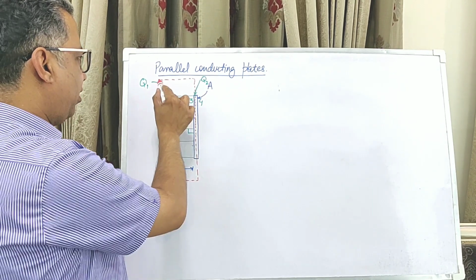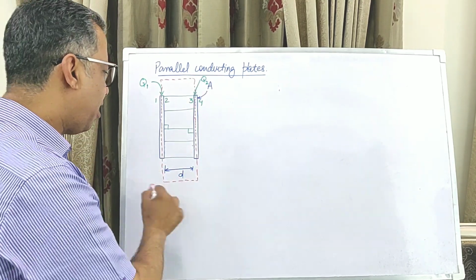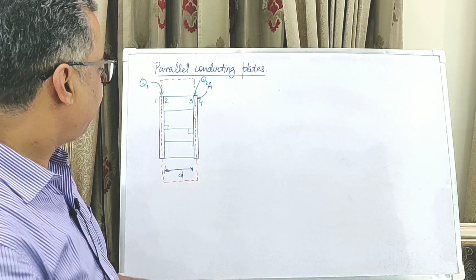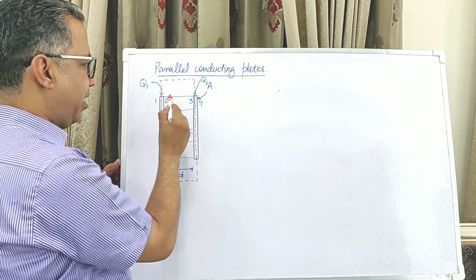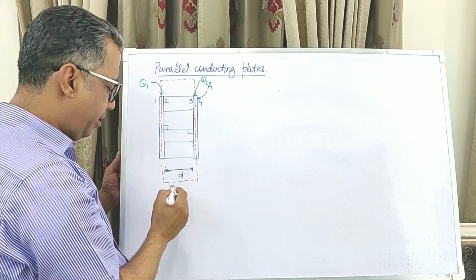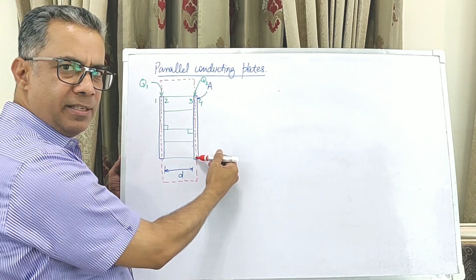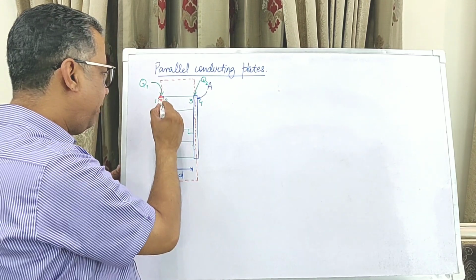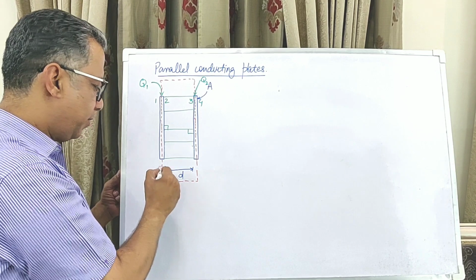And all over this entire Gaussian surface, what you'll notice is, well, there is no field here. There are no field lines here. There is no field here. There is no field here. And inside the conductor, in any case, the field has to be 0. So the field here is 0. Field here is 0. Field here is 0.